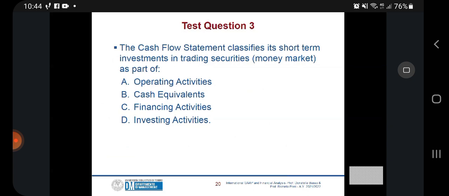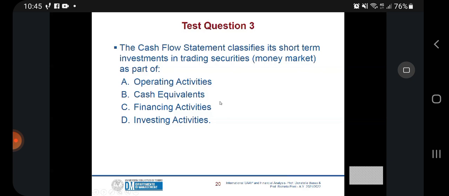The cash flow statement classifies its short-term investments in trading securities as part of operating, cash equivalents, financing, or investing. No financing, of course. Either cash equivalents or investing activities.